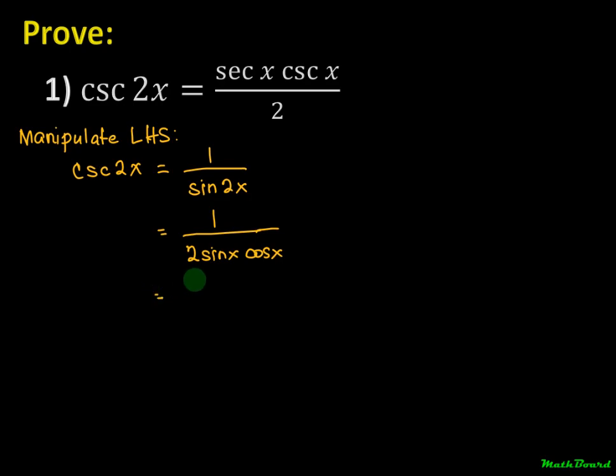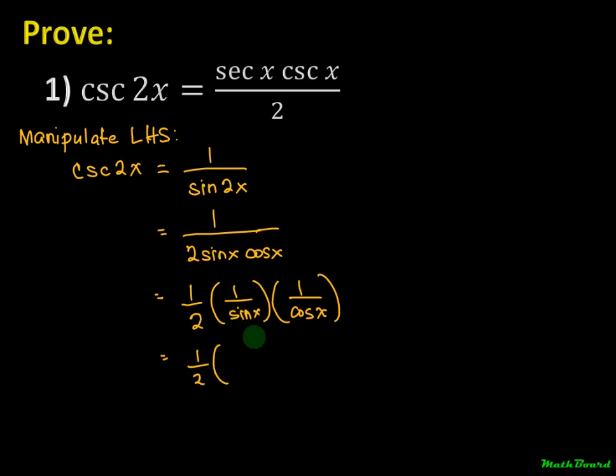Okay, and then by decomposing this one, this can be expressed as 1 half times 1 over sine x times 1 over cosine x. Okay, and then we have 1 half, 1 over sine x by the reciprocal identity is the same as cosecant x.